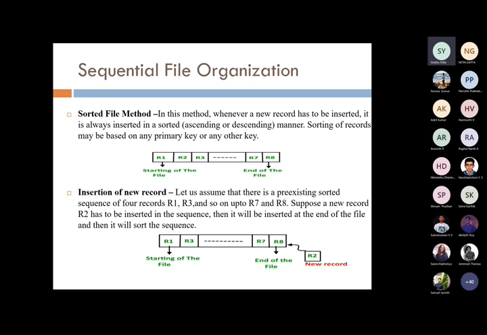Once the record is inserted at the end of the file, you sort the records in the file either in ascending order or in descending order, right? Sorting of records may be based on the primary key or any other key attributes present in a particular file system, right?